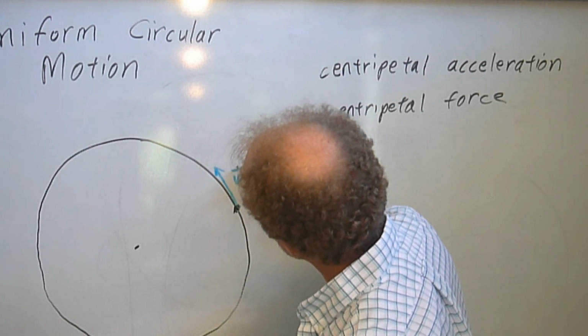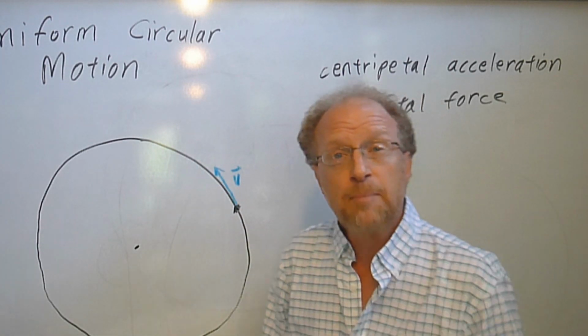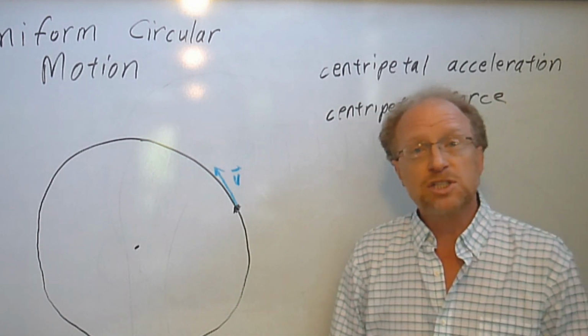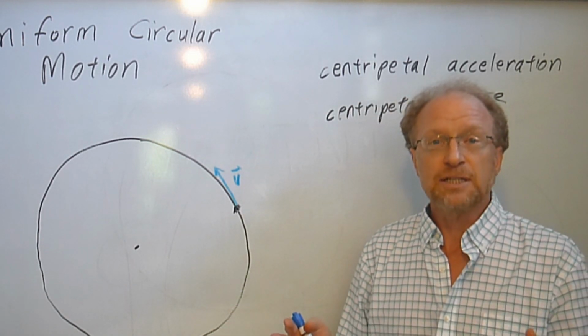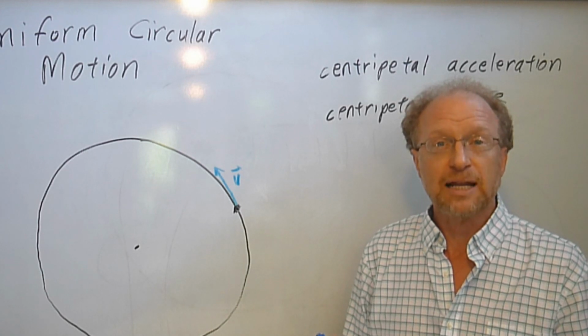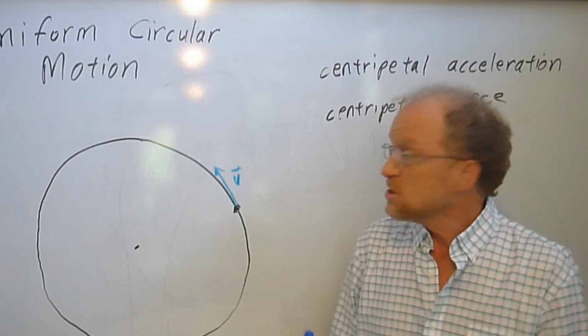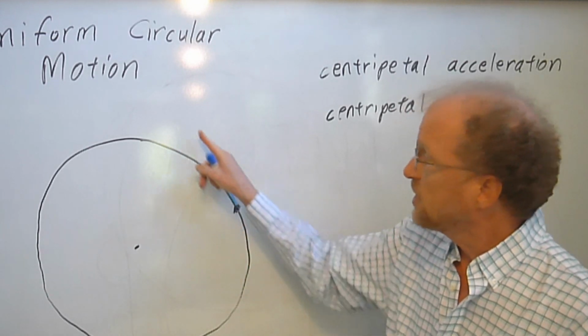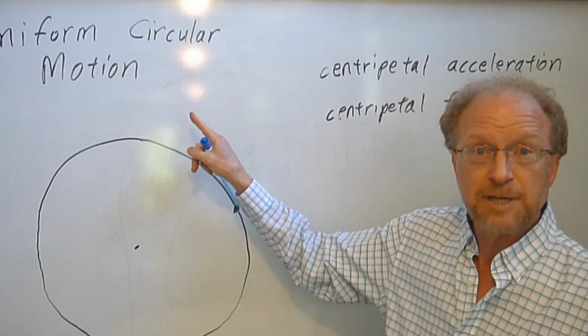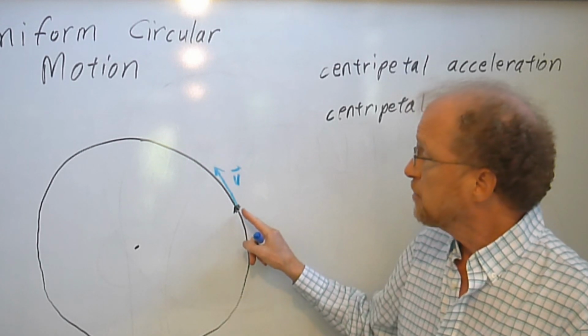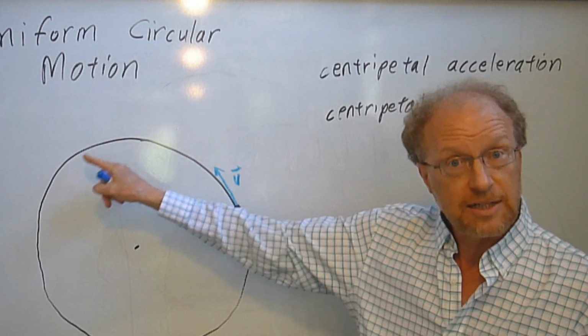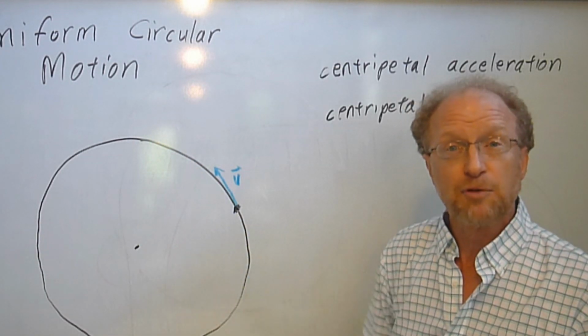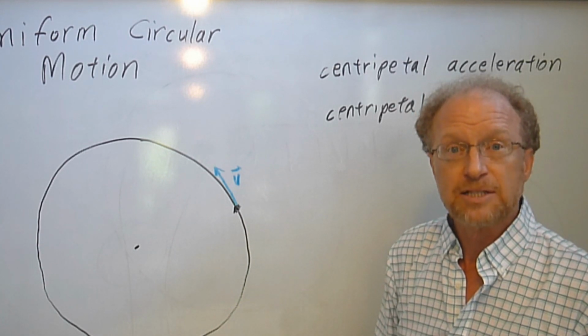There's velocity. And we know from Newton's first law of motion that an object in motion tends to stay in motion in a straight line at a constant speed. So if there was no force on the eraser, it would move in a straight line at a constant speed. But it's not moving in a straight line, it's moving in a circle. So there must be some kind of a force on that eraser.